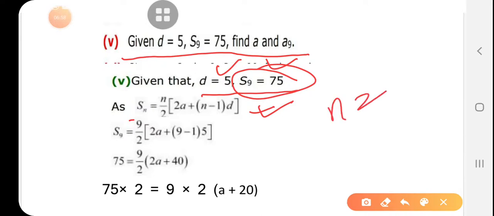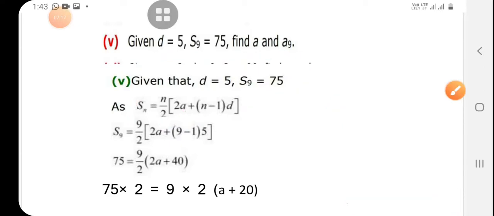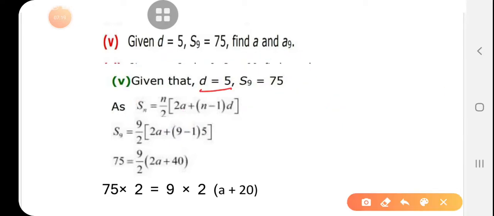Put n is equal to 9, then S9 is 9 by 2 into (2a plus (9 minus 1) into d), and the value of d is given as 5, so we put 5.